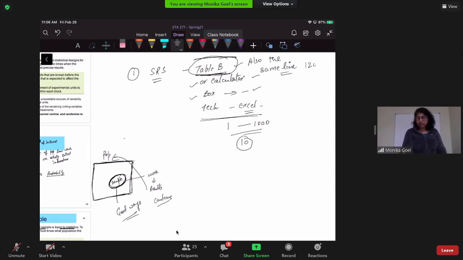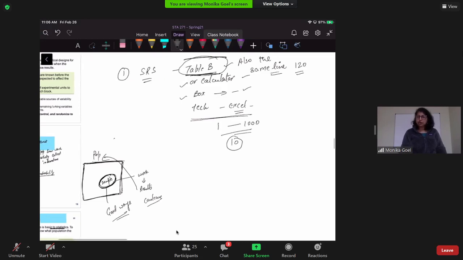Let's say I'm using line number 120, we all use line 120, and then we all get the same sample. Again, first thing, before looking at the line, we need to label them. And how do we label? If we want the same sample to be picked, we need to organize them in alphabetical order, and then label them depending upon whether you are organizing rows or columns.